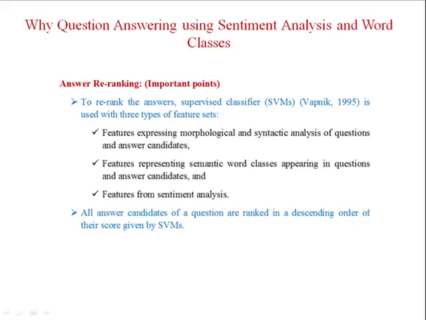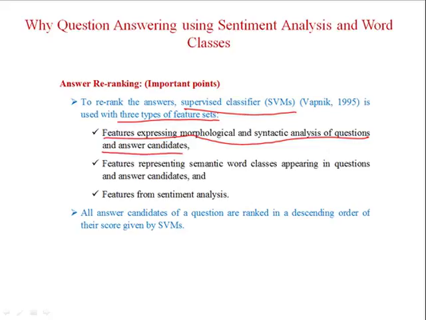Now the main part is to re-rank the answers. To re-rank the answers, the system proposed in the research paper uses an SVM classifier. For that it uses 3 types of feature sets. The first feature set contains features expressing morphological and syntactic analysis of questions and answer candidates.